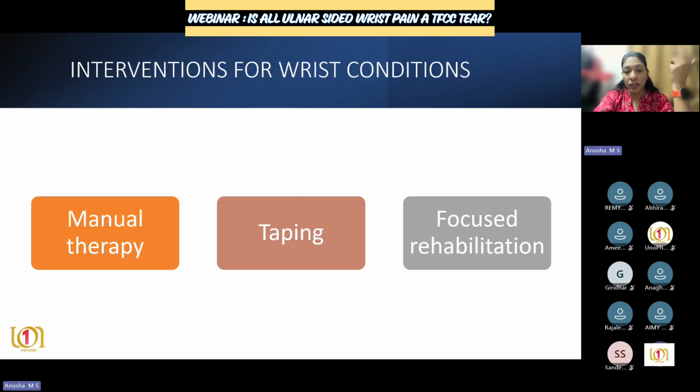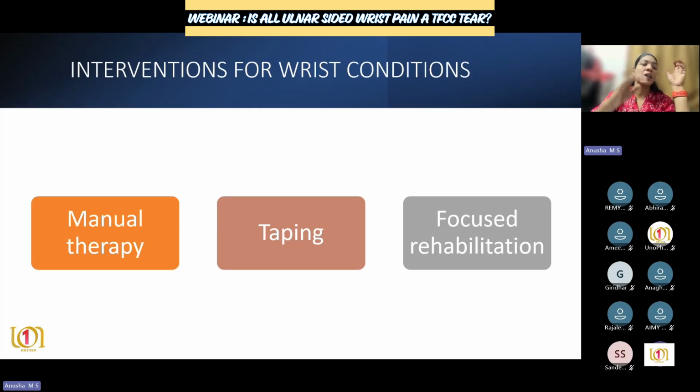But that will be different for DRUJ and TFCC. The exercises will be different, and the step by step procedure, what to be done first and what next, will be covered in our future workshops. There will be dedicated workshops in which we will address the interventions of wrist conditions.